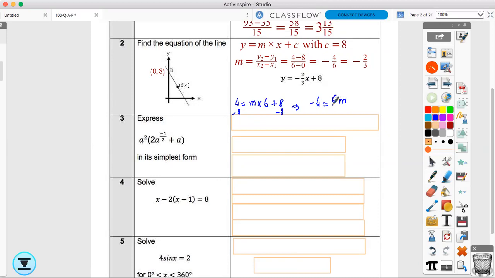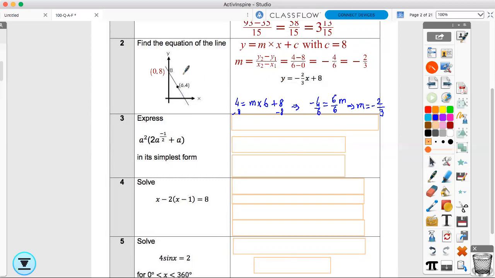And then you divide both sides by 6, and you should get the exact same value. And that means m is -4/6 or -2/3.